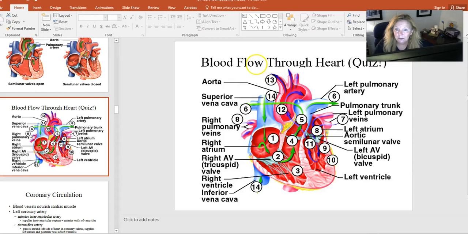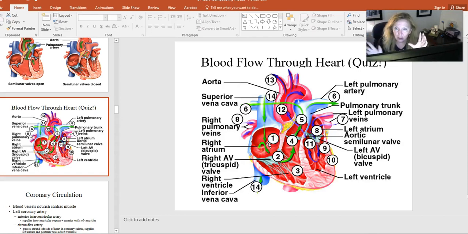From the system, you will drop off the oxygen, pick up CO2, and you will come back by way of the superior vena cava if you went to the upper extremities, or if you had gotten sent to the lower extremities, you would come back by way of the inferior vena cava, but now you're back in the right atrium.